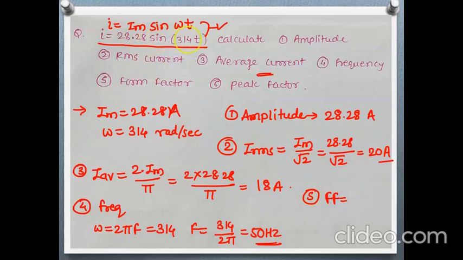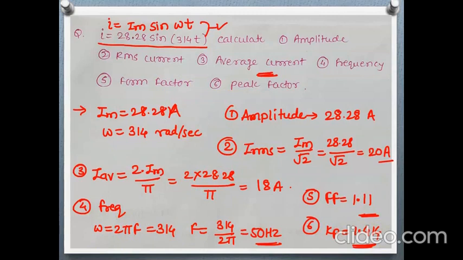This is a sinusoidal wave, so we can directly write the form factor is 1.11, and the peak factor Kp is 1.414. These are the required answers. Also, if we calculate the form factor with the ratio, we will get the same answer, 1.11 and Kp as 1.414. In this way, you can calculate the various parameters of an AC quantity.